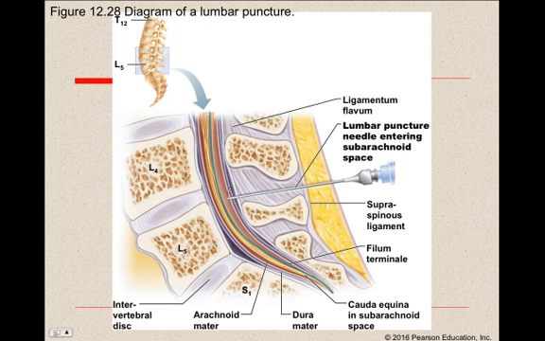But this gives you more space to get into the subarachnoid space and draw out some cerebral spinal fluid, and it's less risky for severing the spinal cord with a needle. So that's why they typically do their lumbar punctures in that area. And that's the nice part about having the meninge layers extend down: it provides a good area for us to be able to do lumbar punctures.